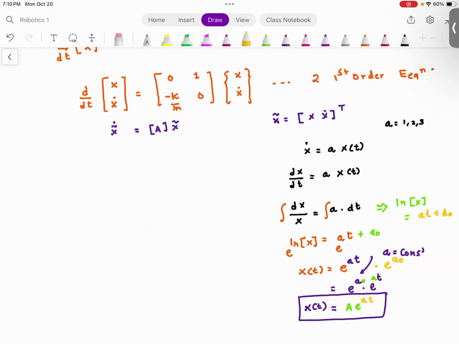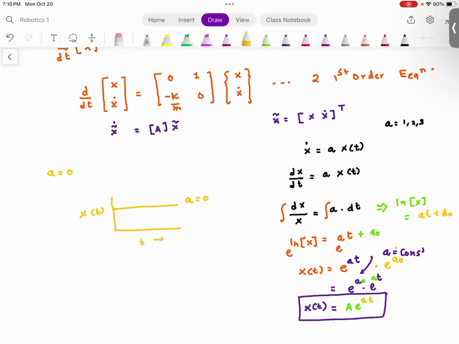Now, please try to understand, if a is equal to 0, you have x of t over here and t over here. If a is equal to 0, your solution is going to be constant.